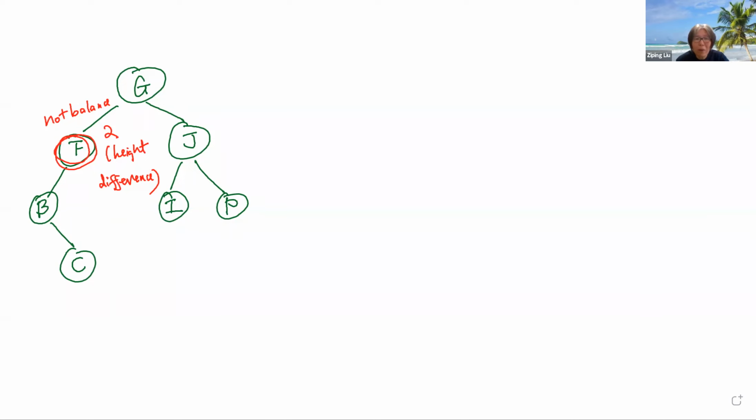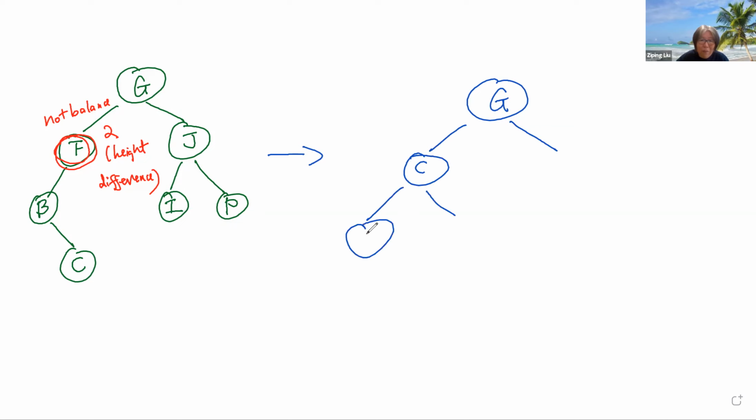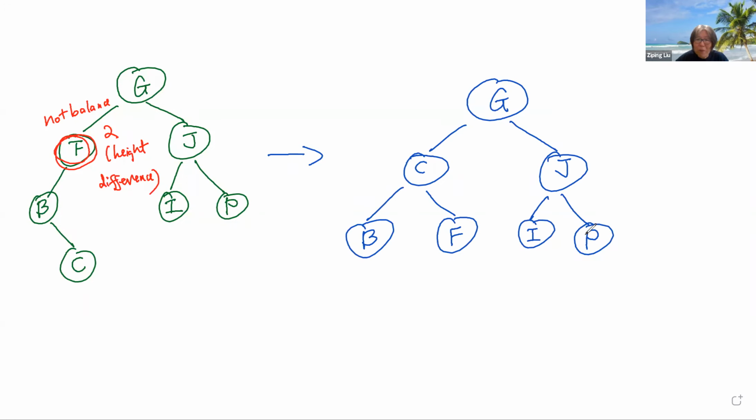Then if we redraw this tree, we can make something that looks like this. It still meets our definition: we have C, and then B here, F here, and J here, I here, P here.